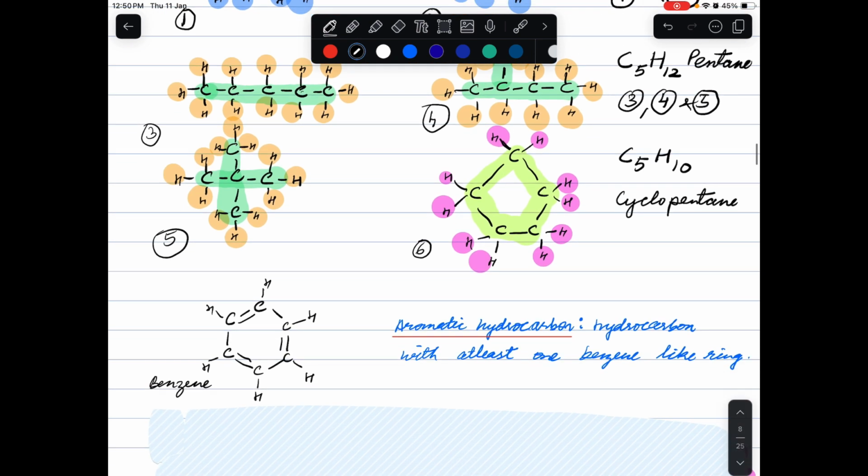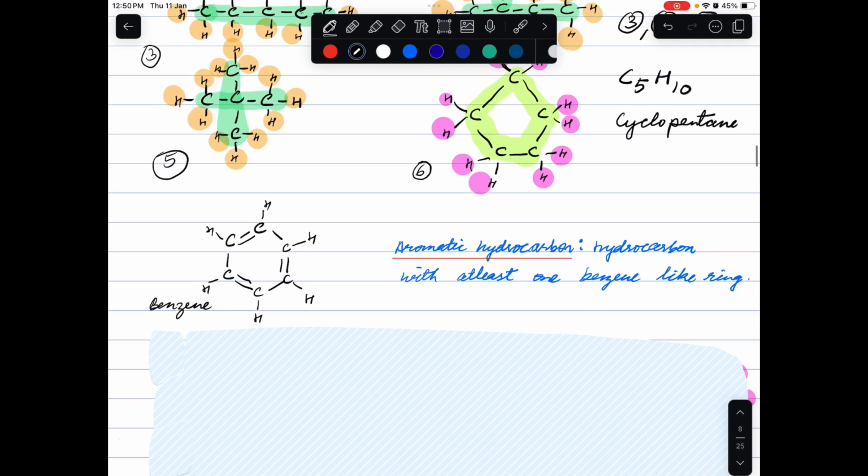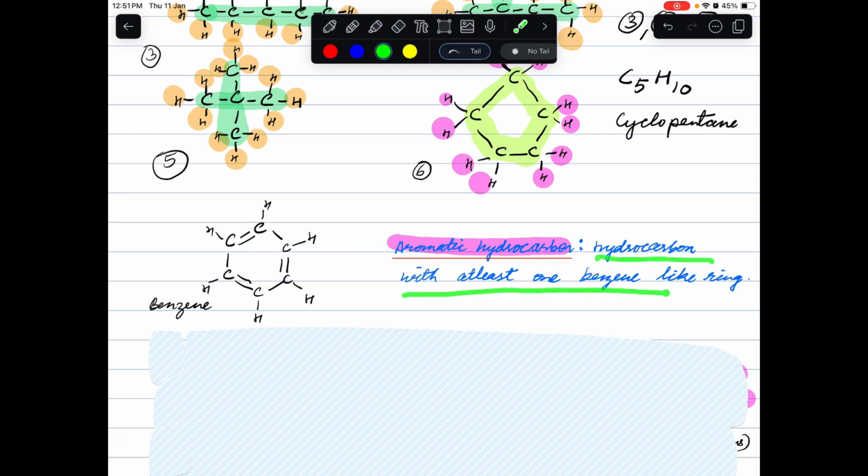In classification, we are left with only one type of compound, called aromatic hydrocarbons. You need not learn them in detail, but you should know what they are. They are hydrocarbons with at least one benzene-like ring. This is the benzene ring, and this compound is called benzene.